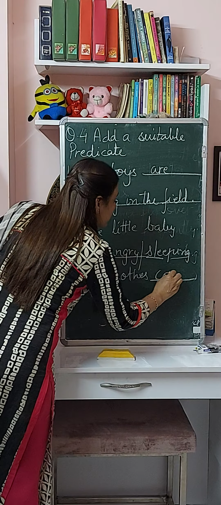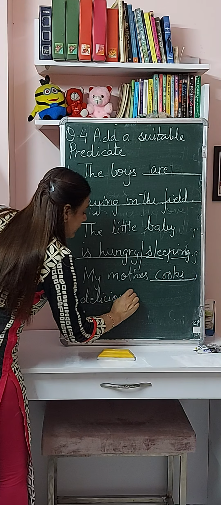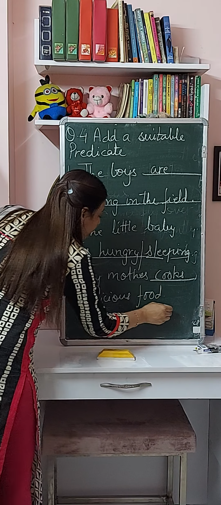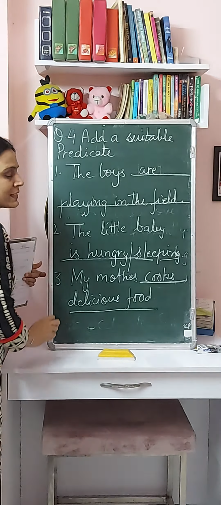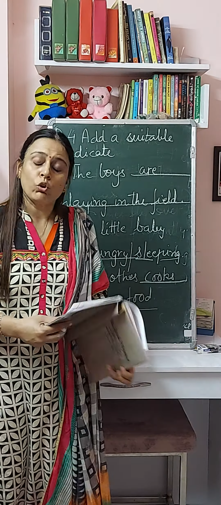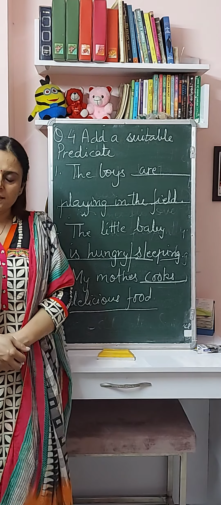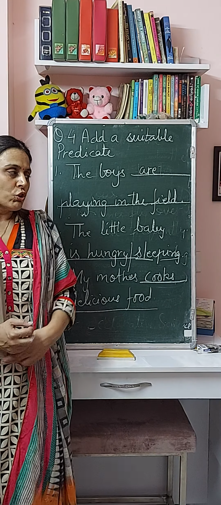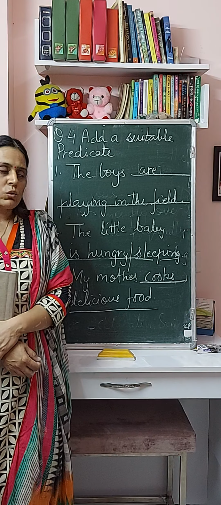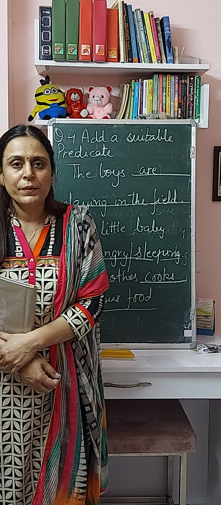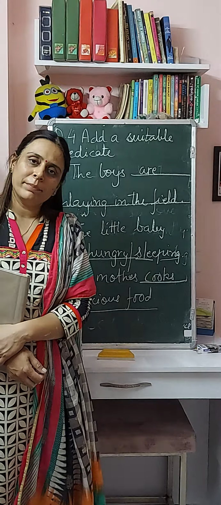My mother cooks delicious food. Anything of your choice related to your mom. Alright, children. So these kinds of questions can be asked based on the topics which we have done in the class. That was sentences and kinds of sentences and subject and predicate. So you can practice the questions like this in your rough notebooks before coming to school. Alright. So I hope you all have understood these exercises. So I will see you in the school now. Alright. Till then, stay happy and stay positive.